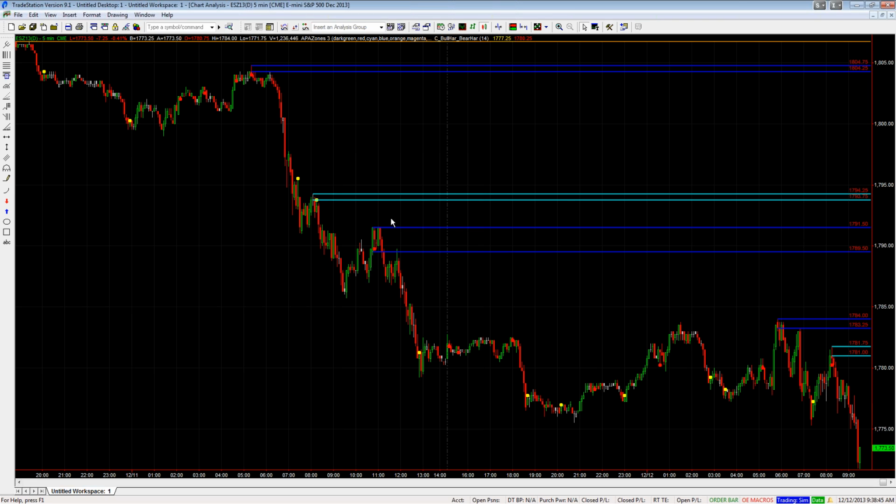For right now, I'm going to keep the zones on TradeStation with these lines that represent the color of how many times price retested each one of them. And in the TradeStation version, you will be getting the ability to choose between the different zone types. They will all be true and false statements that you can enable or disable.